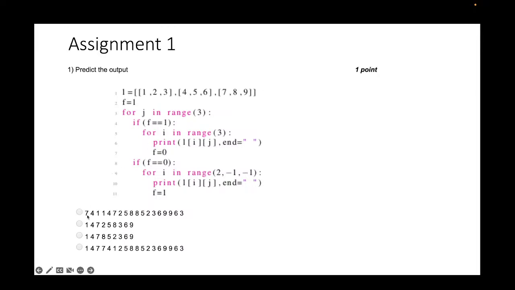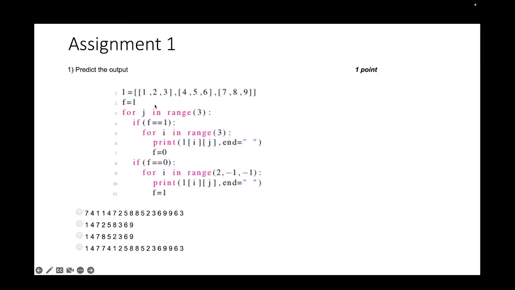So all of you, please try to answer this problem. We are given a snippet of code. A list is initialized, a flag variable is initialized, and there is a nested for loop. If the flag variable is 0, it does something; if it's 1, it does something else.